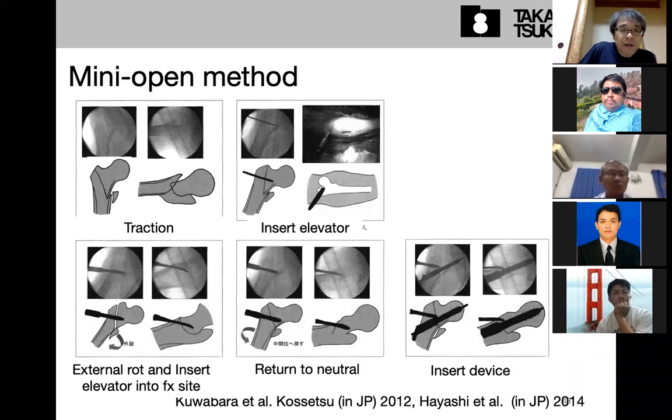This author shows the mini open method using an elevator to apply traction to this fragment, which shows the subtype P intramedullary type.